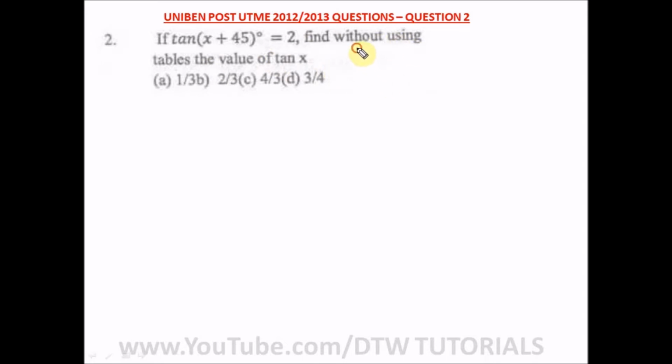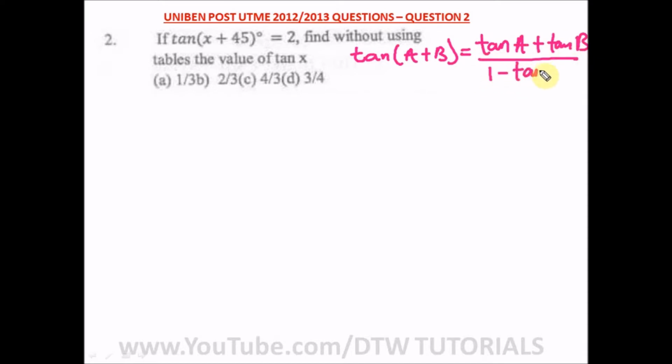I hope you remember that tan(a + b) is tan a plus tan b divided by 1 minus tan a multiplied by tan b. So we're going to apply this rule here. How do we do this now?